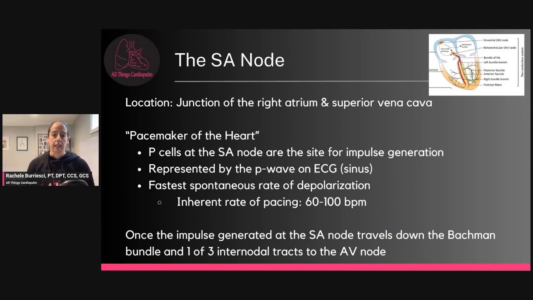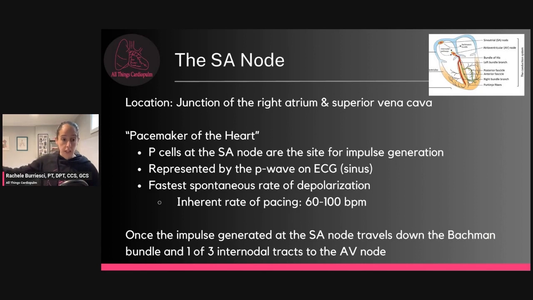One other fact about the SA node is that there's a commonality in verbiage, which I think makes it easy for us to understand or remember. So I'm going to give you a little remembering tip. The P cells at the SA node are the site for impulse generation. What's happening at the SA node is that once we have impulse generated, it stimulates from the SA node and travels through the atria, through the Bachmann bundle and 3 internodal tracts to essentially cause atrial depolarization or atrial contraction.